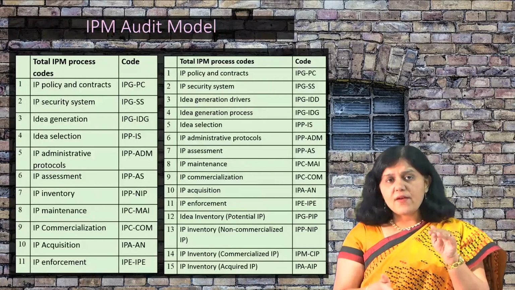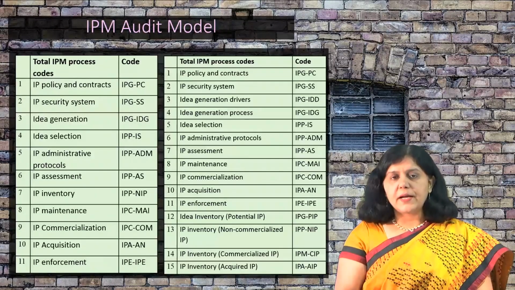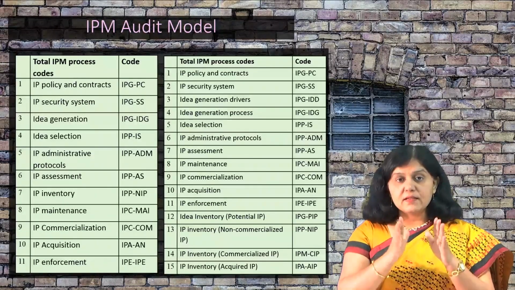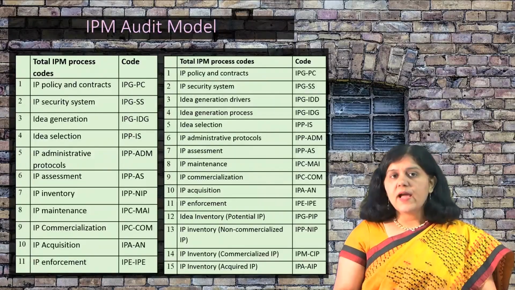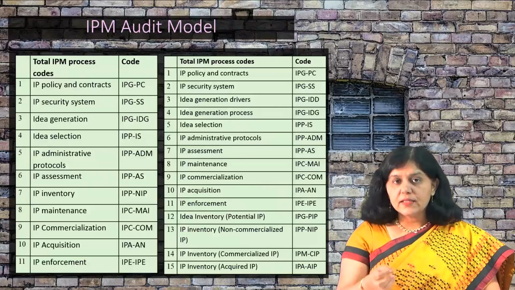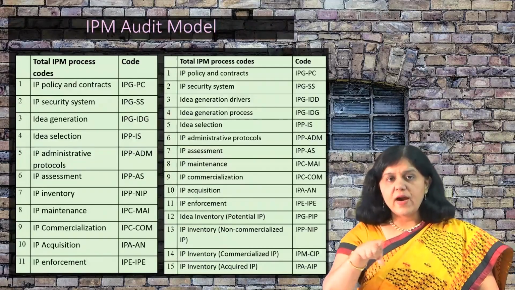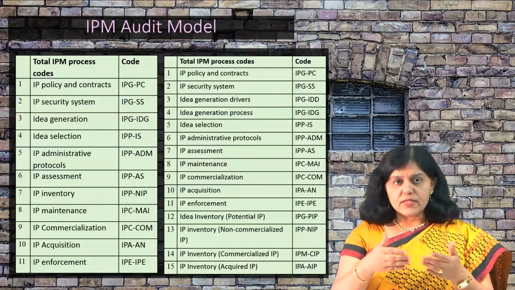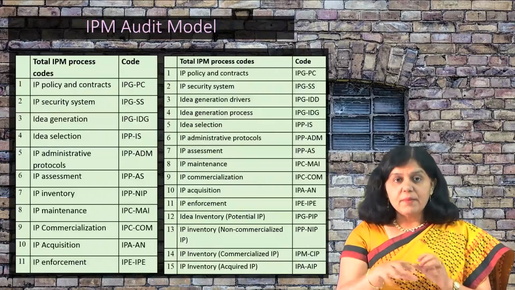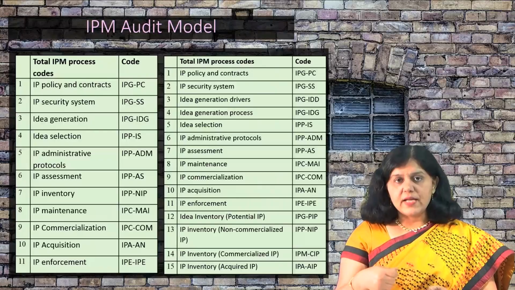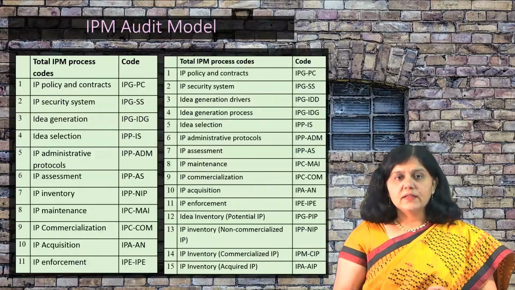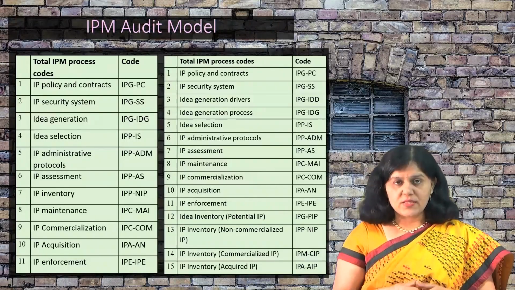So, we have just identified these as 11 codes under the IP management process. Further, we divided idea generation, for the sake of implementation, into 2 codes: one is the idea generation driver, and the next is the idea generation process.